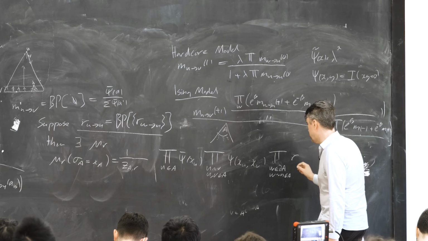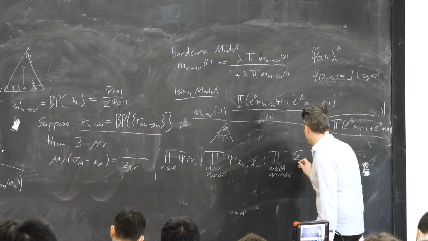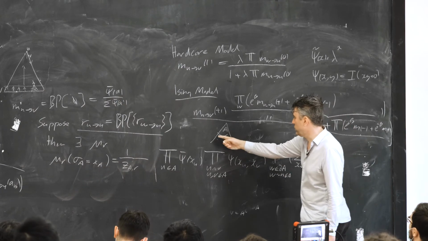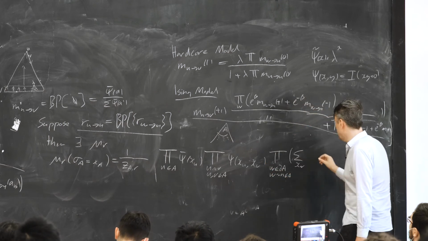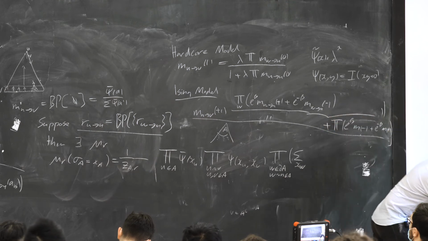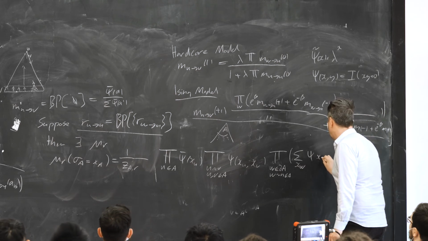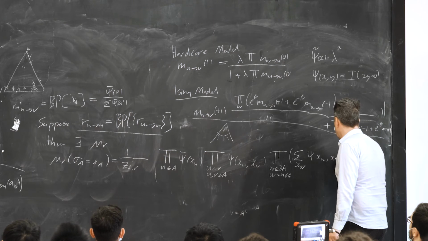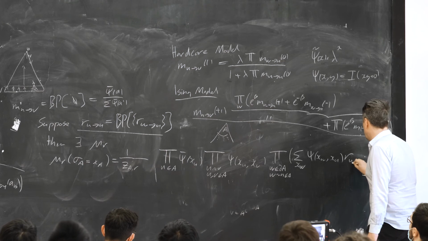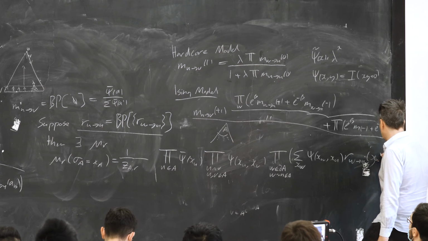So I have a sum over xw, summing over all the possibilities for each boundary vertex here. And then psi of xw xu, times r of the message from w to u of xw.